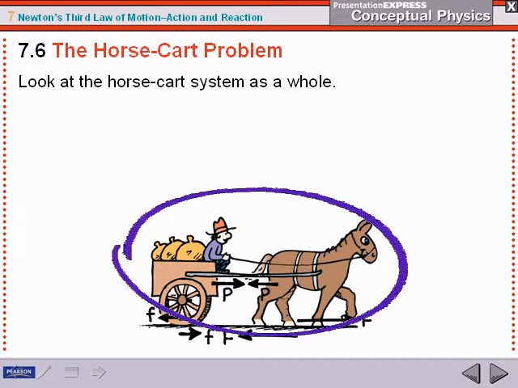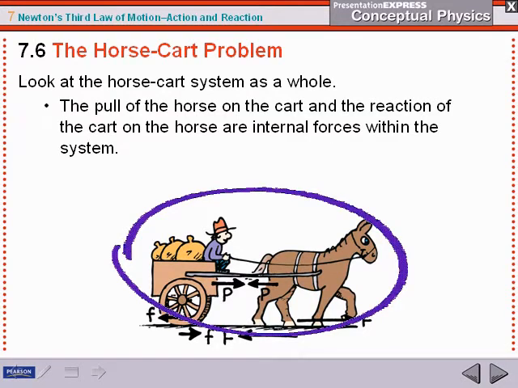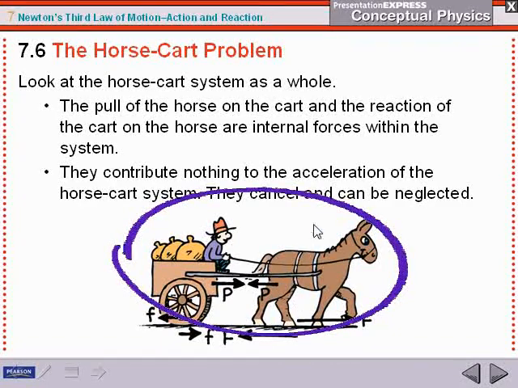Let's look at the horse and the cart system as a whole. What you're going to see here is the pull of the horse on the cart and the pull of the cart back on the horse are internal to the system. We'll consider this purple circle our system. They're going to cancel each other out. They're not going to have any effect on it.